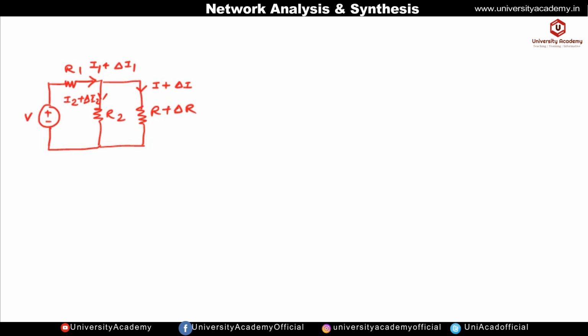So now this voltage source V will become a short circuit, and the resistance R1 will remain as it is. So this is R1.